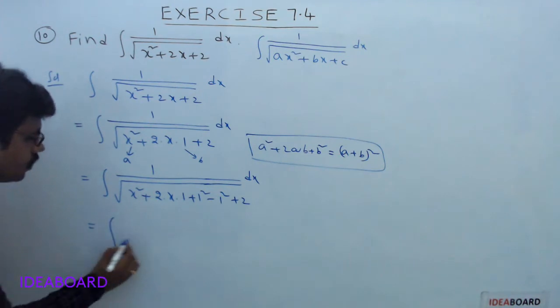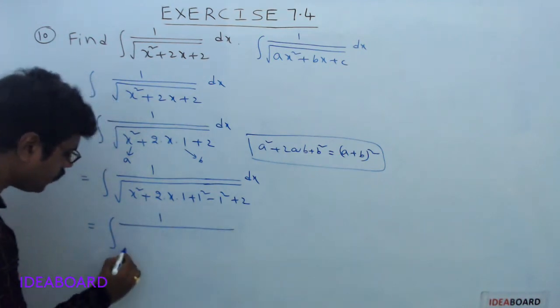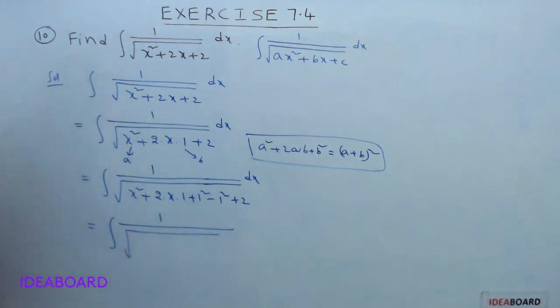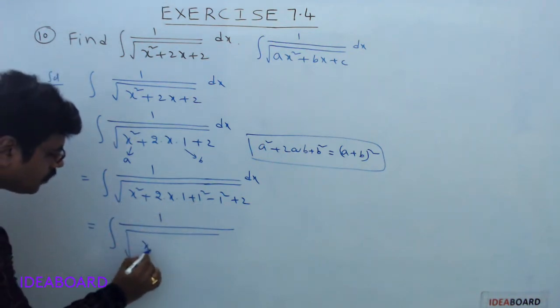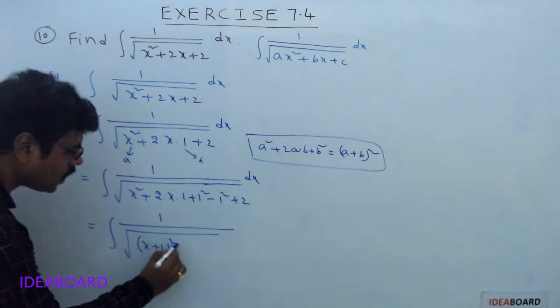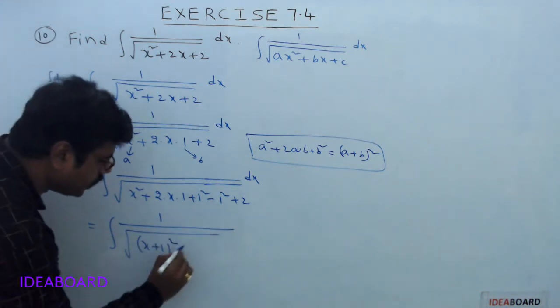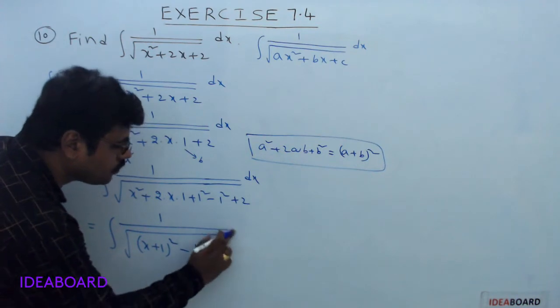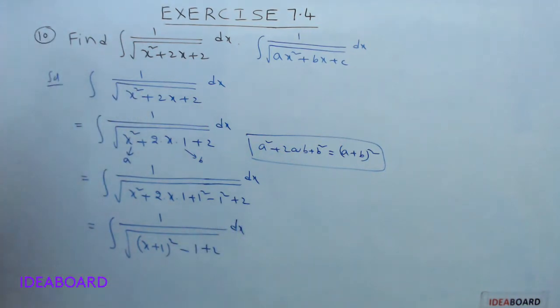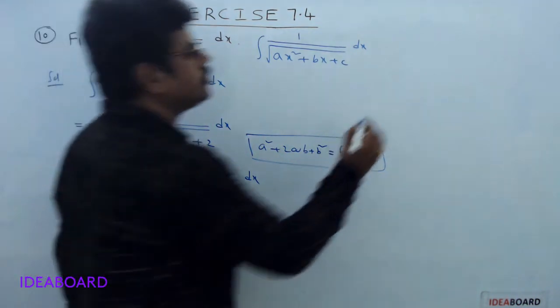Now this is equal to integral 1 divided by square root of, the combination of these three terms can be written as x plus 1 whole square minus 1 square plus 2 dx. Now simplify that value.